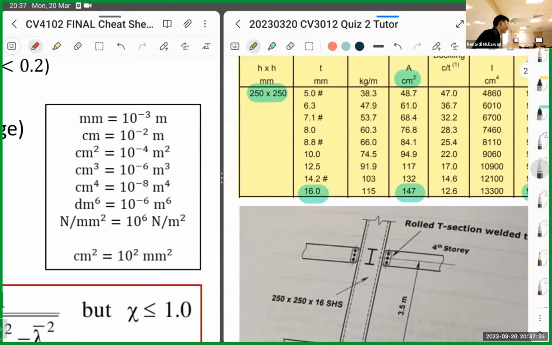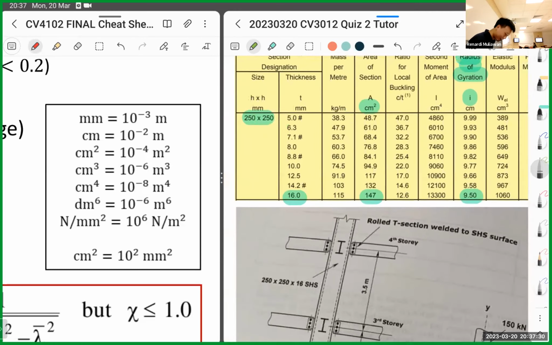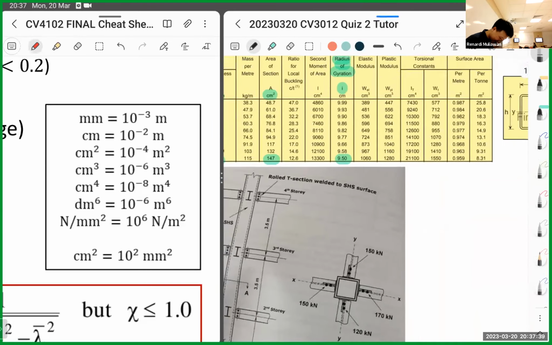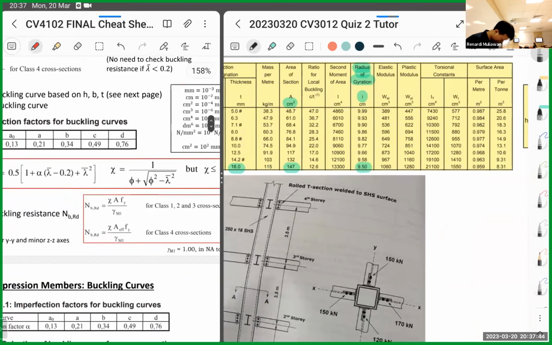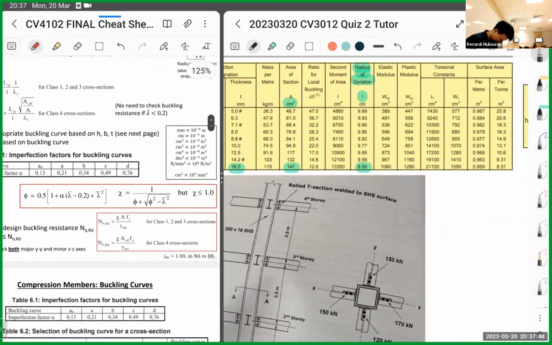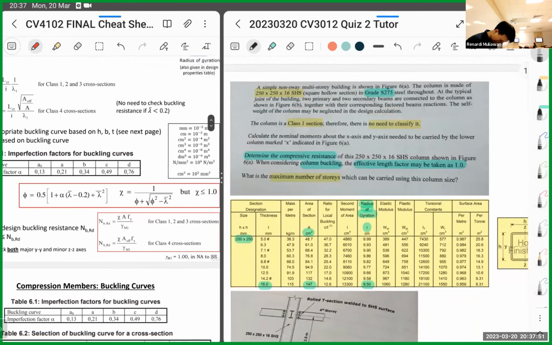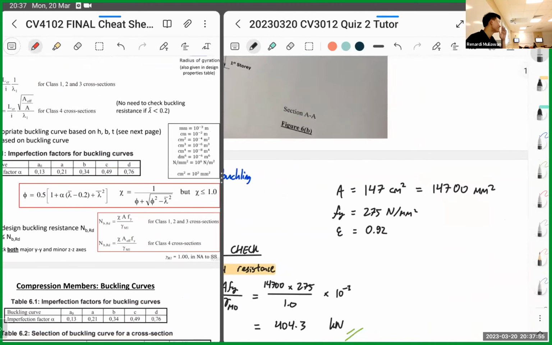Every paid tutorial I make, I make some mistake. Give me a second. This is 250 by 250. This is why it's good practice to always copy out the values first. Don't jump like this. I remember the answer is like 7 stories. This one is very low. Something is wrong.